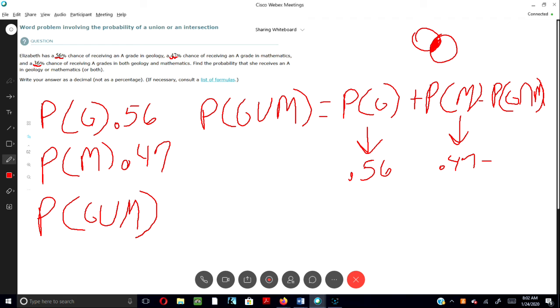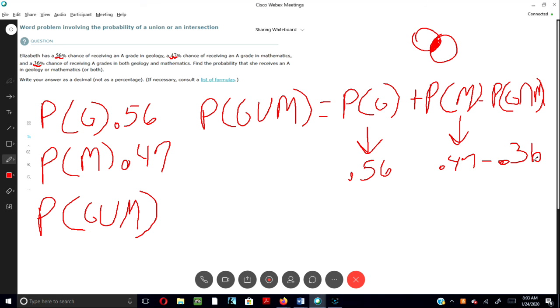Remember, they gave that to us here. They said a 36% chance of her receiving an A grade in both geology and mathematics. So we'll put 0.36 there.